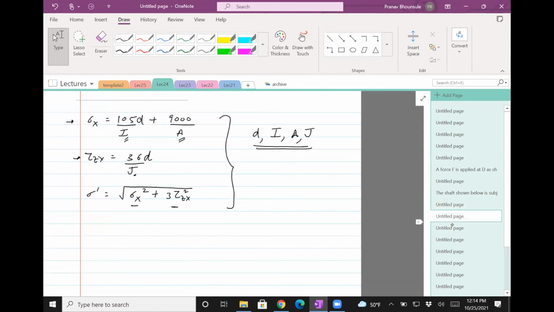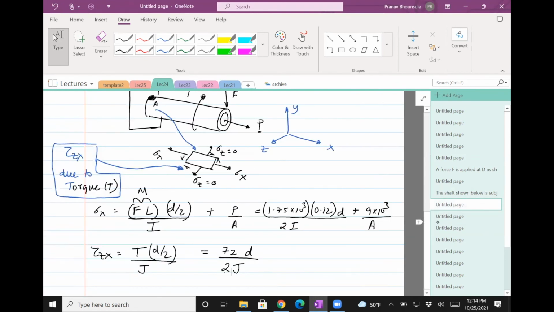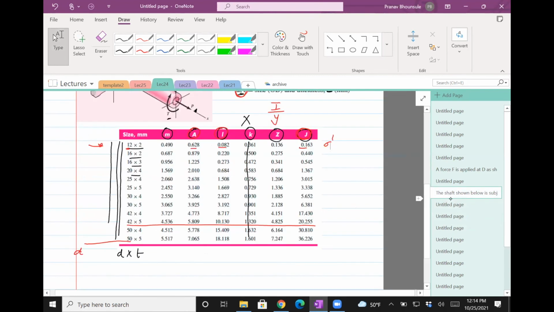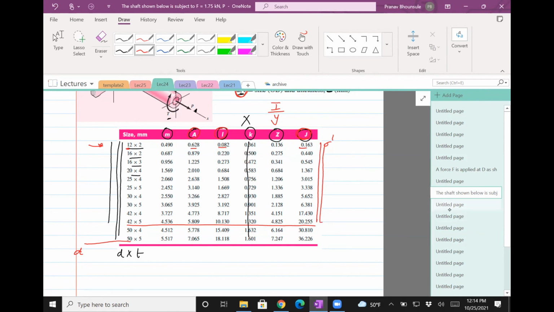And so what I did was, instead of doing it each time and checking, I just did a brute force approach, which is I computed it for all these dimensions given in this formula.